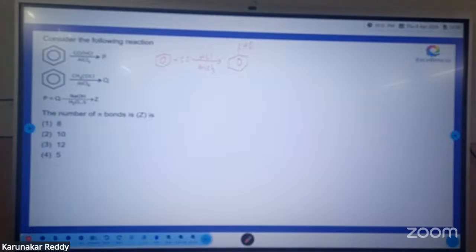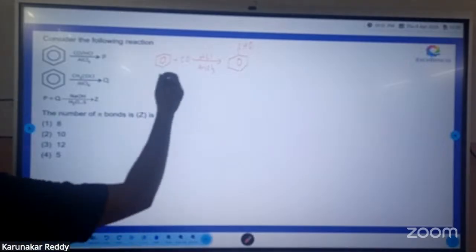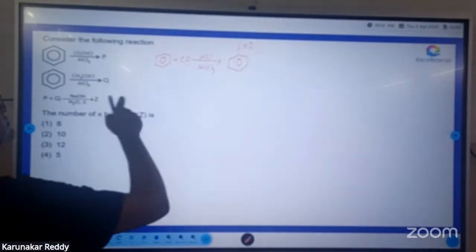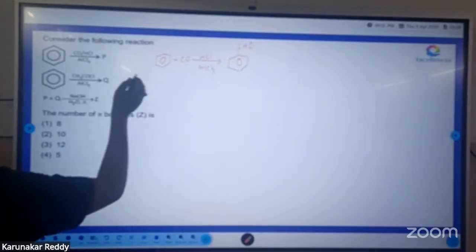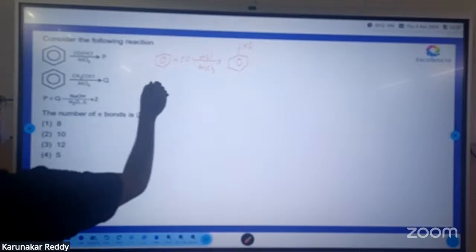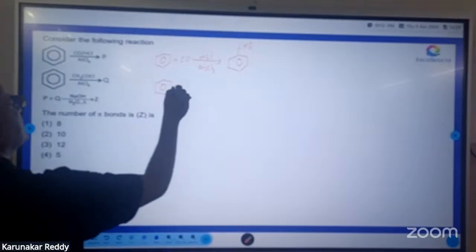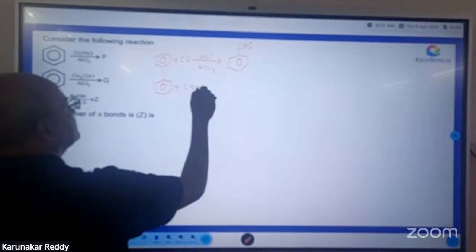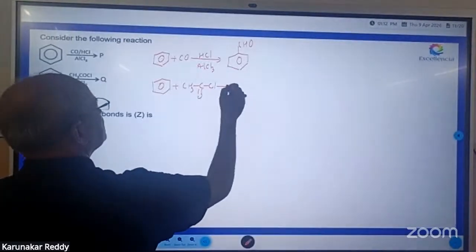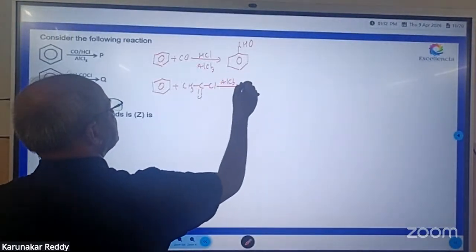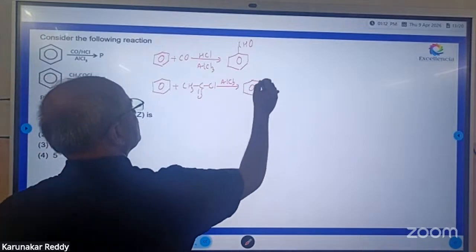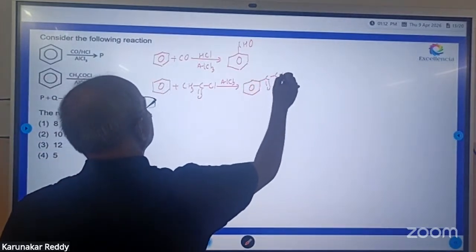Carbon monoxide on reaction with HCl will give a formyl chloride, and later on we'll get a formyl carbocation. Now this one is Friedel-Crafts acylation: benzene on reaction with acetyl chloride and AlCl3 will give us acetophenone, but it is not asking for the products.